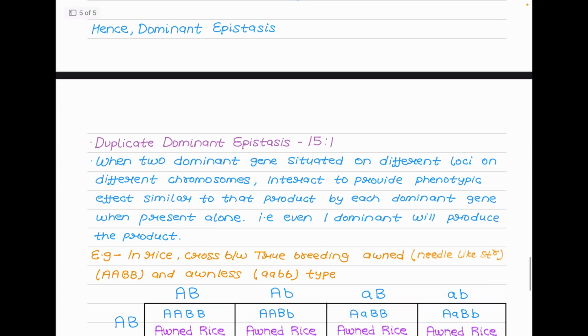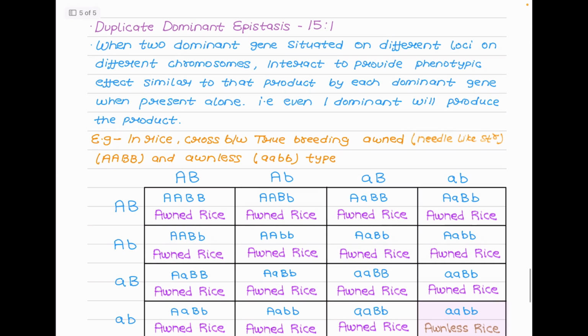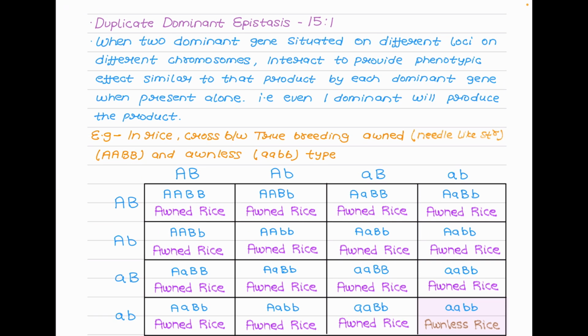Now we'll talk about duplicate dominant epistasis with a ratio of 15:1. In this case, either one of two dominant alleles is enough to produce the same phenotype. Only the double recessive condition gives a different phenotype. A classic example for this epistasis is awned development in rice.